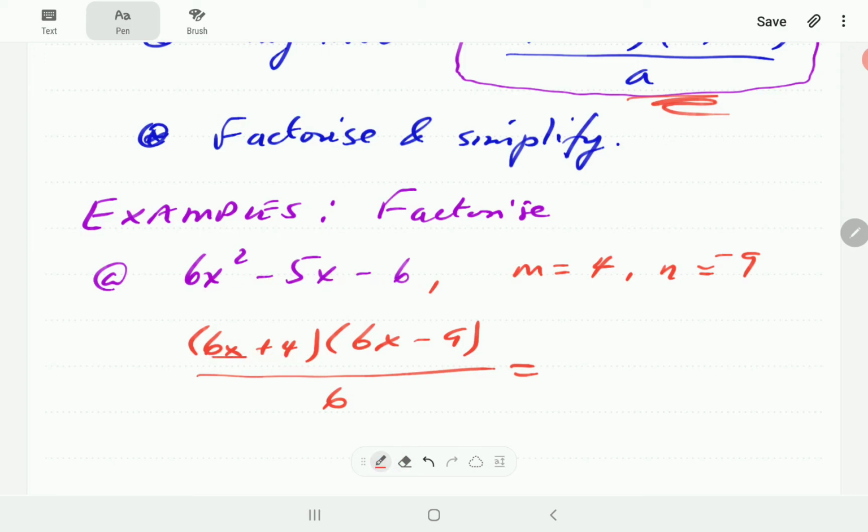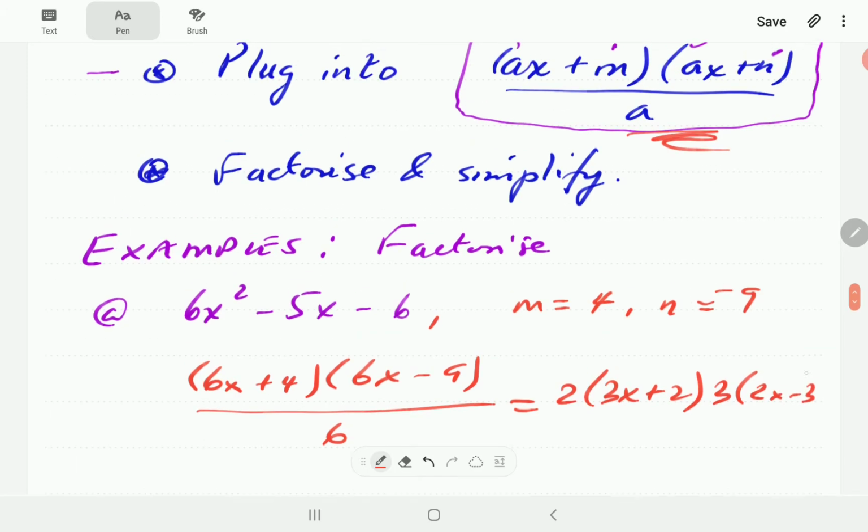So here the common factor is going to be 2, so we factor out 2, so it's going to give us 3x plus 2, and for the second bracket, common factor is 3, so that's going to give us 2x minus 3, okay, all divided by 6.